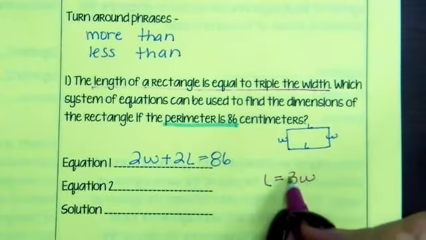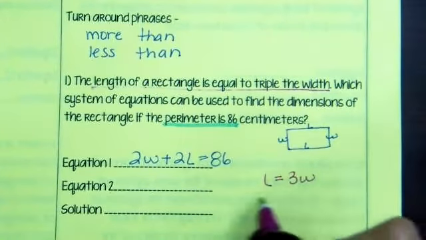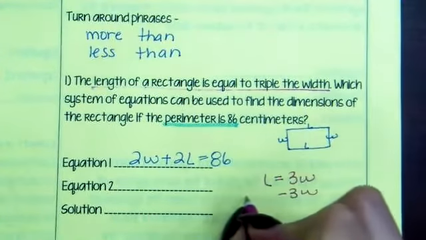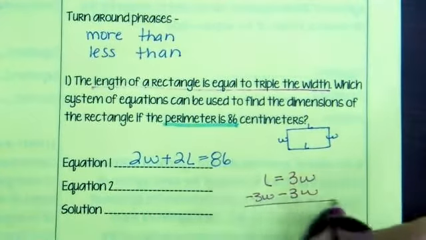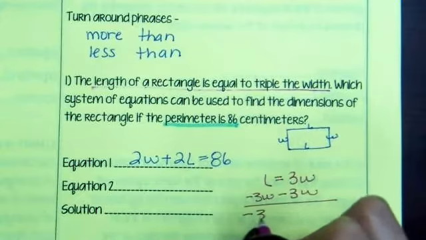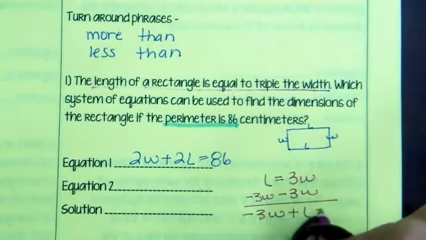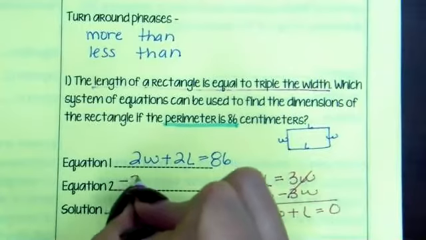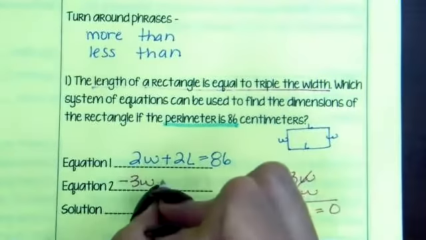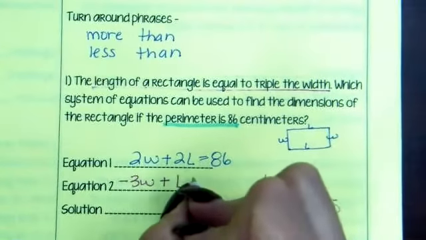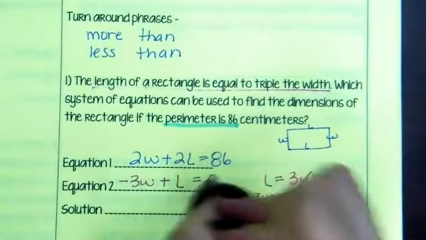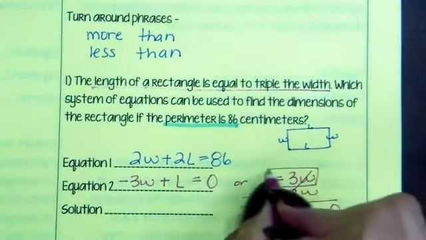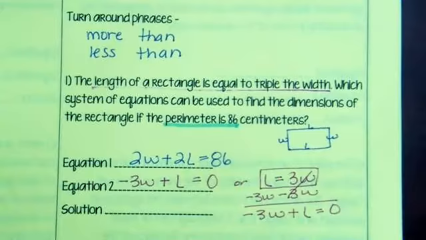Remember that we have to put the 3W to one side. So minus 3W, minus 3W. So negative 3W plus L is going to equal 0 because those will cancel. So it could be negative 3W plus the length equals 0. Or you could just leave it as this equation, okay?